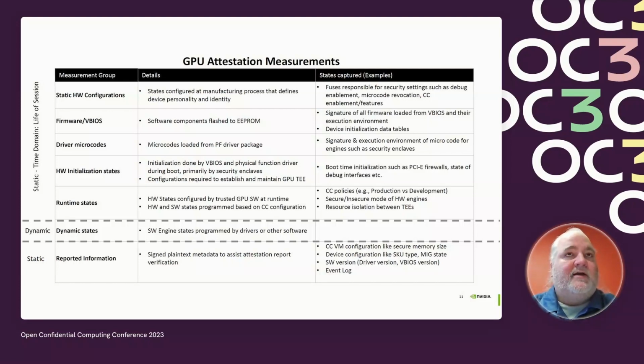We do support in confidential compute mode what we call a production mode and a development mode. In the development mode, there are still types of debug and high resolution timers and things like that that are enabled, which makes it useful, but it may not be necessary for the security posture of your data in a production environment. So it allows you to develop your software, get your software ready.